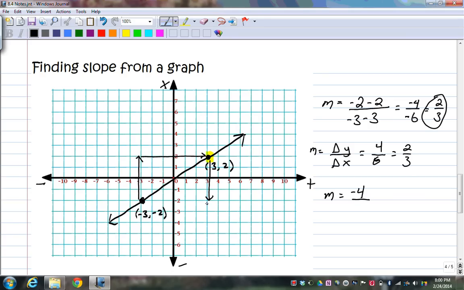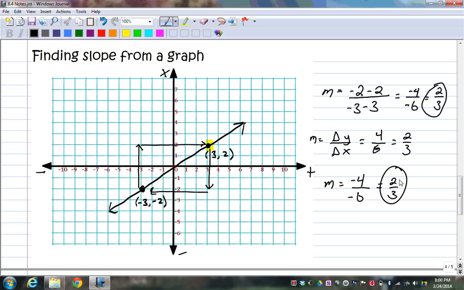And then I went to the left 6, which is a -6. And those double negatives still make it a positive 2/3. But you got to pay attention to your direction. If you're counting down, you're going negative. If you're counting to the left, you're going negative. If you're going to the right, it's positive. If you're going up, it's positive. Very important to understand. All right, let's move on.